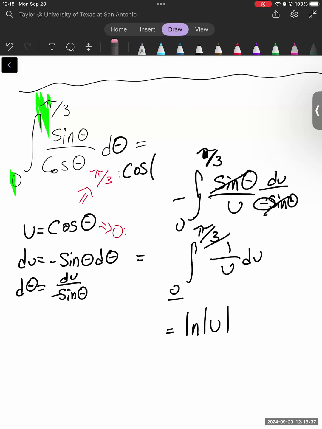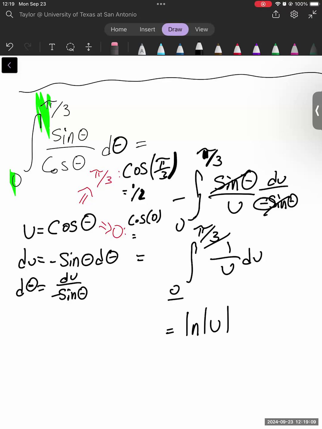And if I substitute in 0, what do I get? If I put cosine of 0, what do I get? One. Nice.